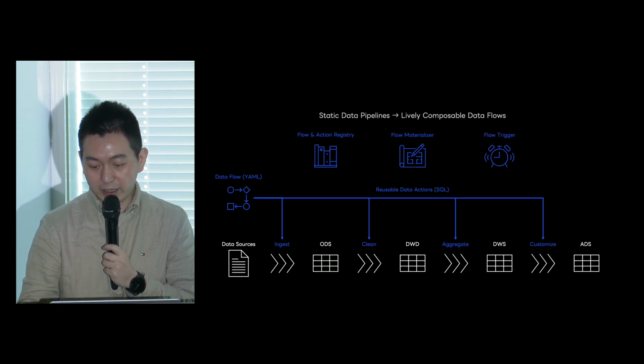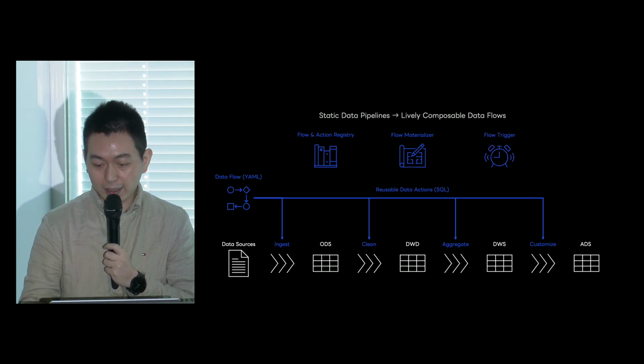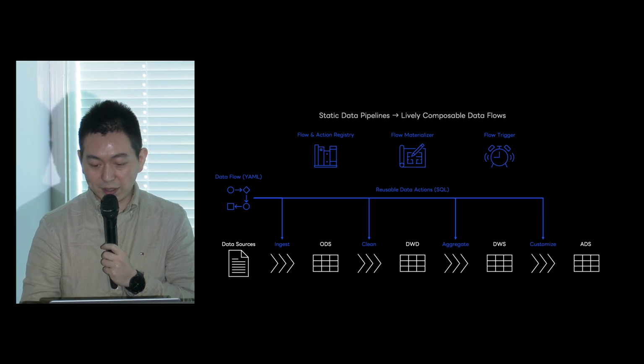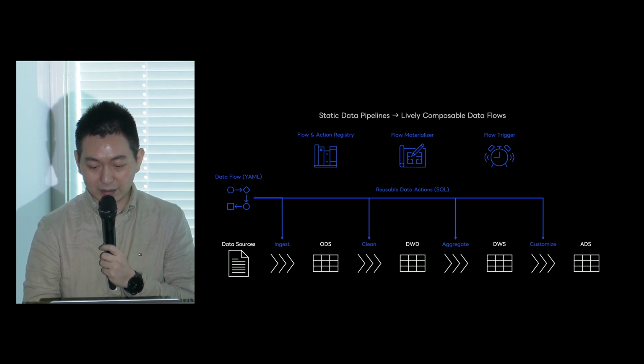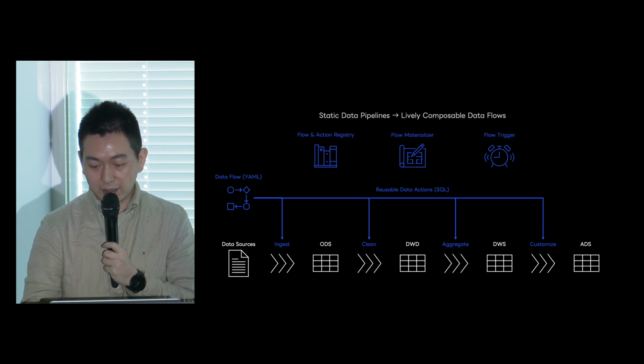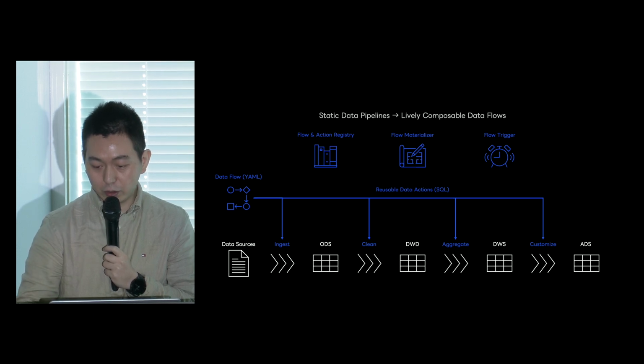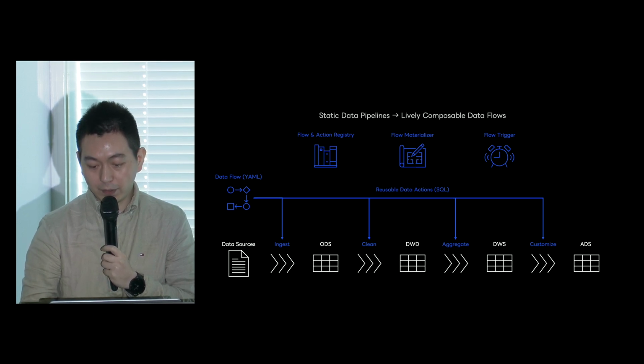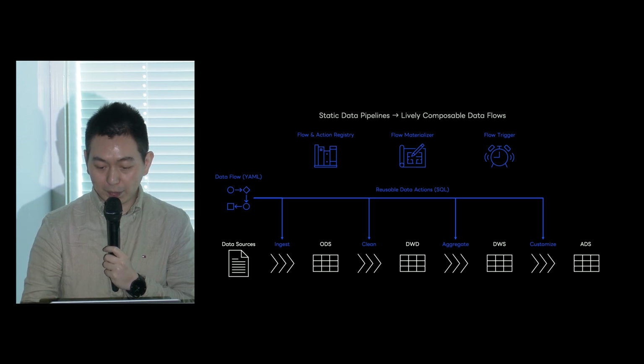Additionally, we can create a flow trigger to execute selected data flows when certain conditions are met. With this design, we can reuse existing data actions to create our own data flows, or even reuse existing data flows when feasible.